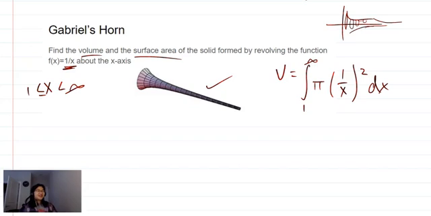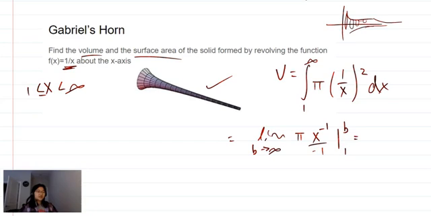So let's evaluate this, and we can see that this is going to converge, right? Because the power of x in our denominator is going to be 2, and that's going to give us convergence. So what do we get? The limit as b approaches infinity of pi times x to the negative 1 over negative 1 from 1 to b.